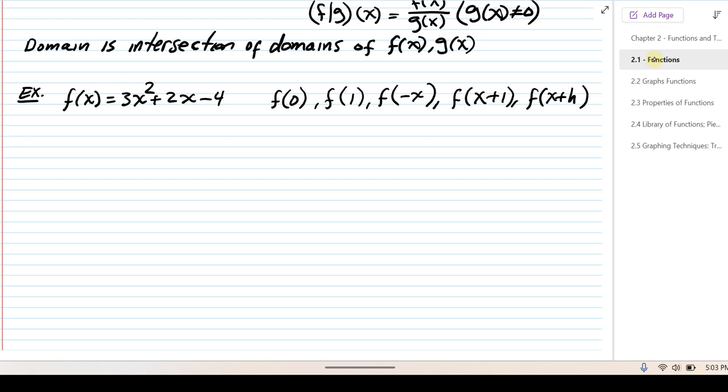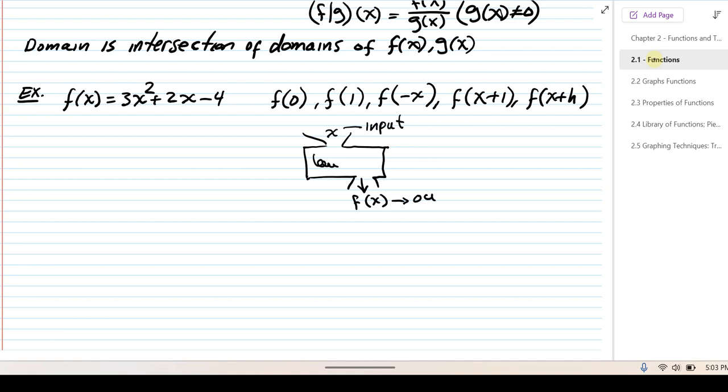Now, by the way, another impression of a function: we can think of a function as a relationship between inputs and outputs. For example, let's say this is a function machine. In this machine, the inputs, what goes into the machine, are the x values, and then the machine processes it according to some instructions, and the output from it is the function evaluated at x.